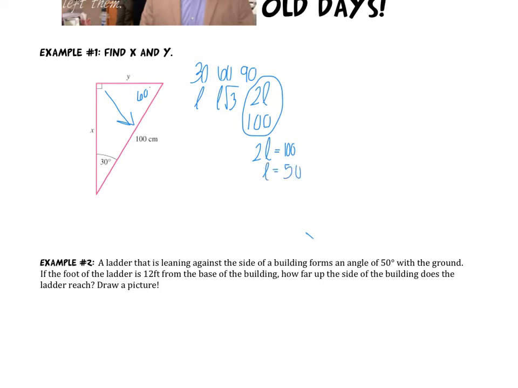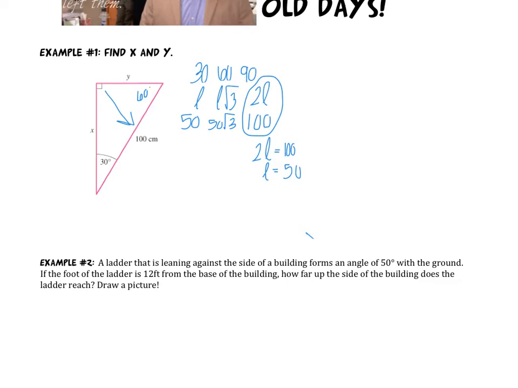So you then fill it back into our ratio. Under the 30 is L, well now it's 50. And then here is 50 root 3. Okay, so last part is just answering the question of what variable goes with what measurement.